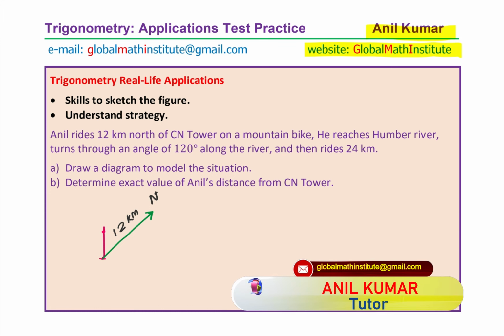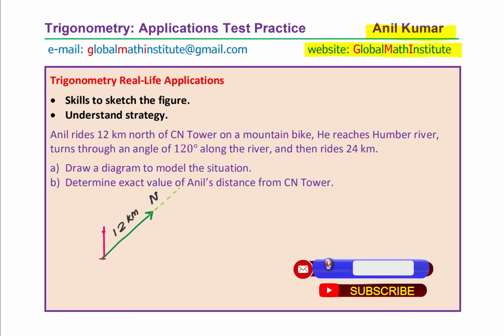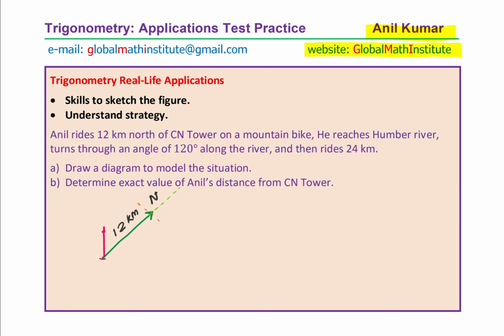Now, he reaches Humber River, turns through an angle of 120 degrees along the river. Turning through an angle of 120 degrees is confusing many times. What it really means is, from this path, let's say this is 90, and 30 more.